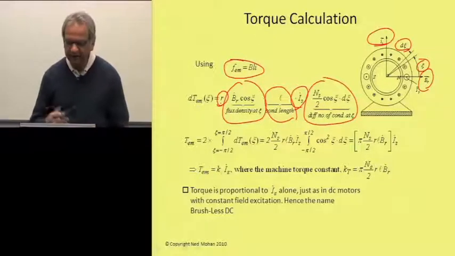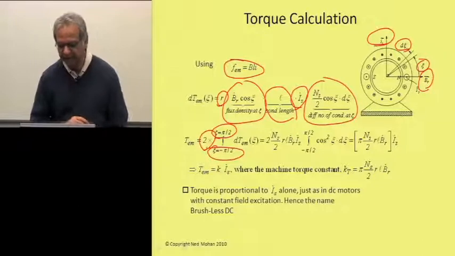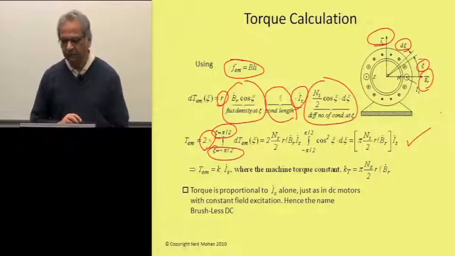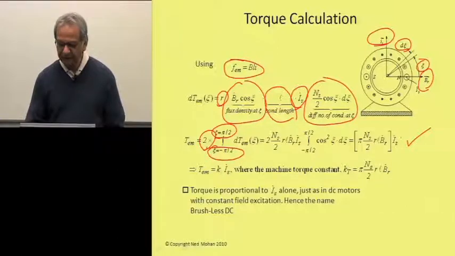And then to find the total torque, we integrate from zeta of minus 90 degrees to plus 90 degrees. And just by symmetry, we just need to do that and multiply by this factor of 2, and we get this expression over here.